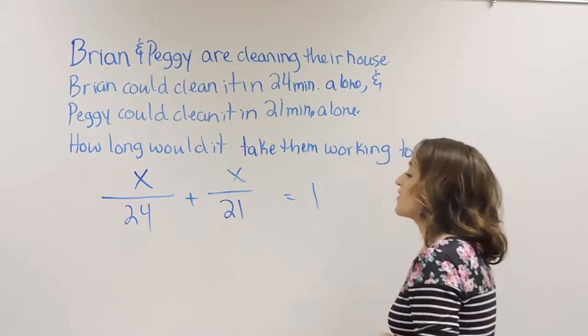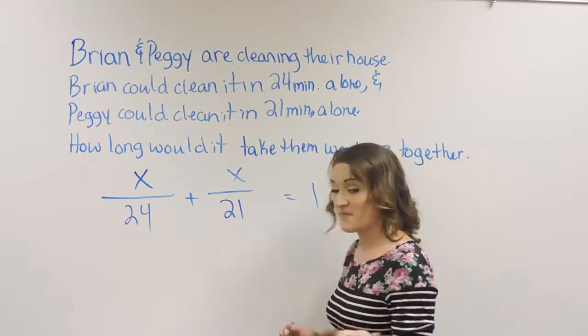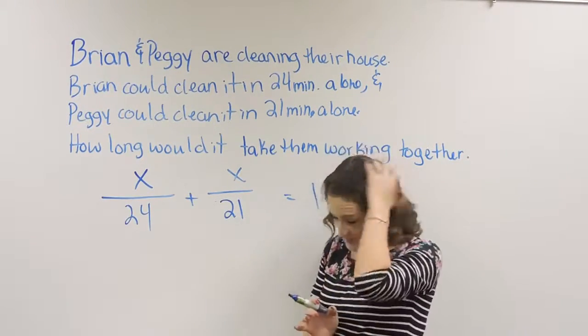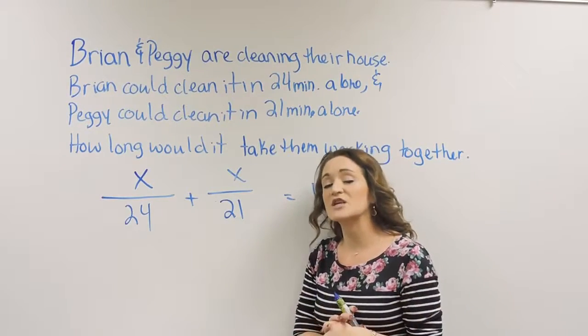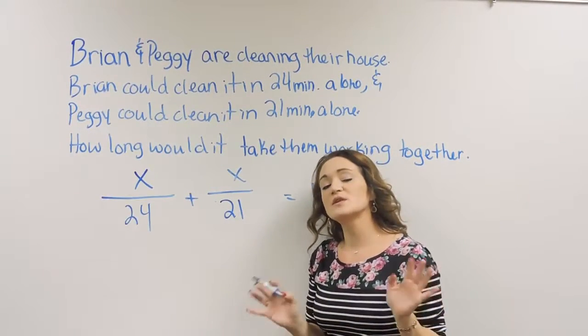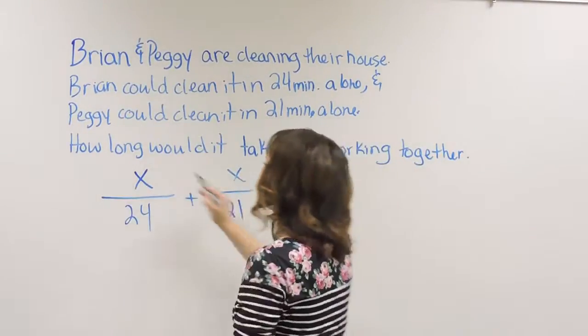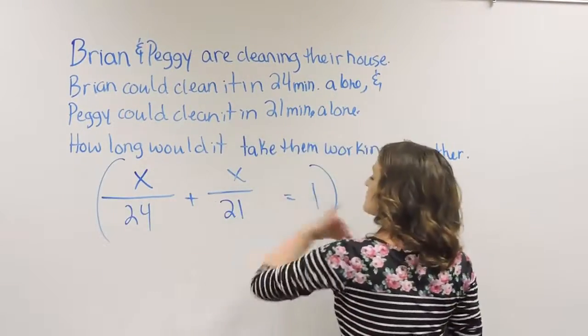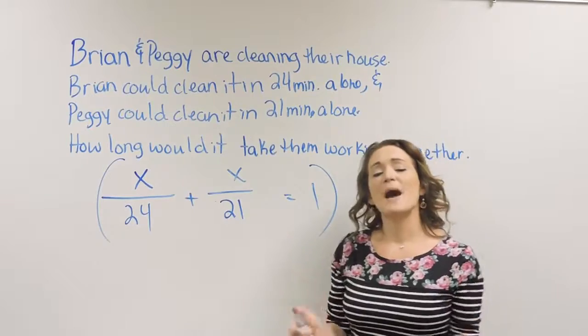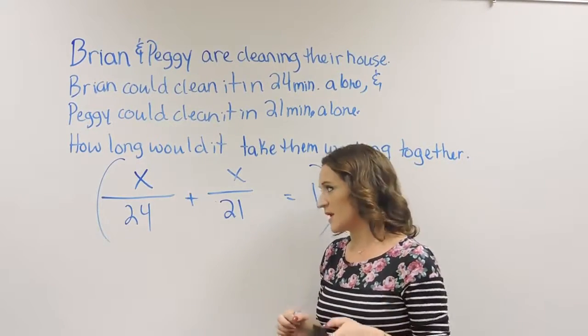The way that we get rid of fractions is by clearing fractions. Essentially, the rule for clearing fractions says that we want to multiply our entire equation by my lowest common denominator.